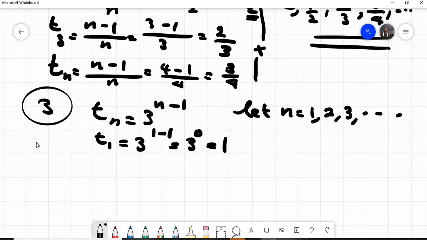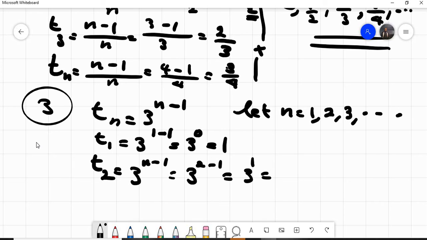And then T2 equals 3 power n minus 1, that's the formula, right? So 3 power 2 minus 1, which equals 3 power 1, that is 3.